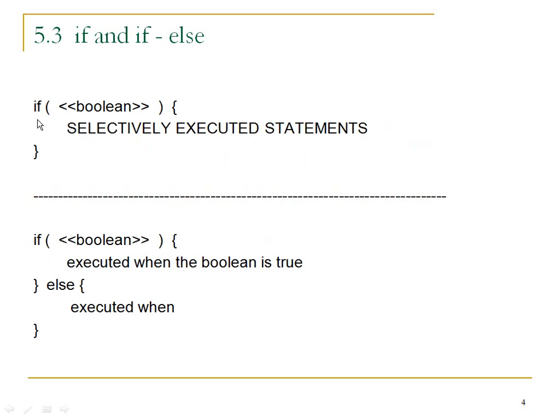So here's how we're going to write an if statement. If with parentheses and something that evaluates to a Boolean, for example, a relational expression using our new relational operators, and then inside of this, these selectively executed statements. Statement or statements.